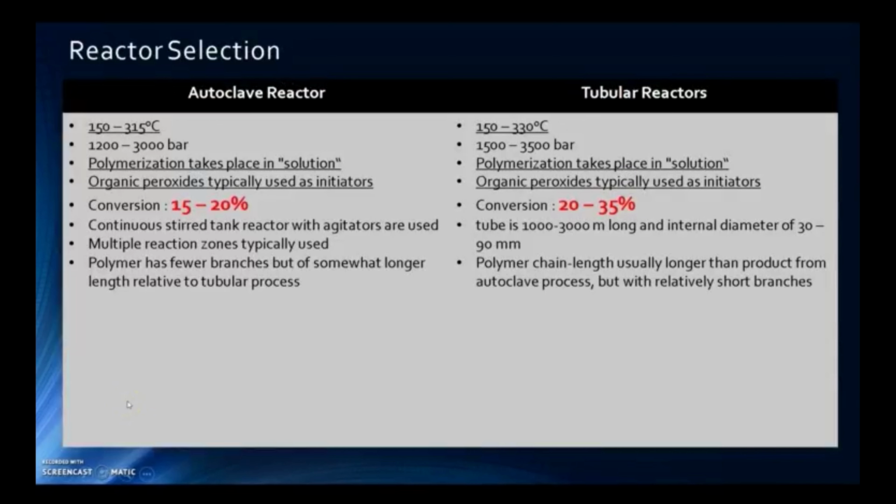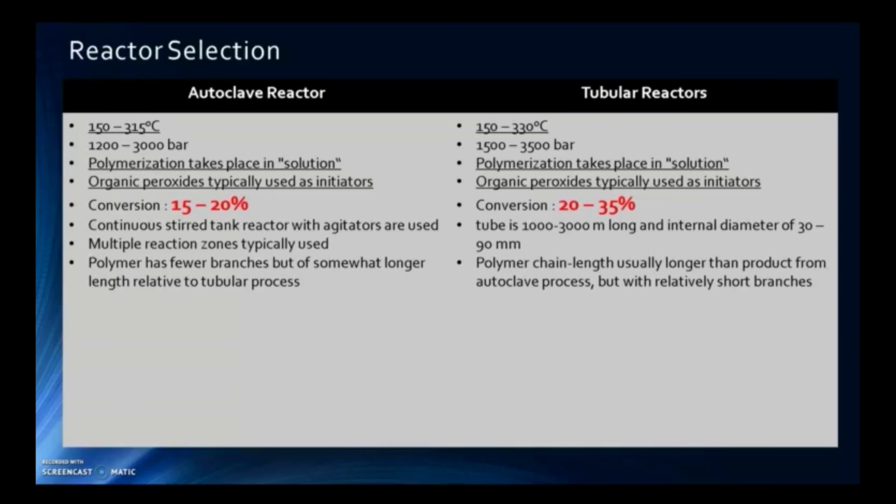In the reaction zone, there are two types of reactors that can be used, autoclave or tubular reactor. The conditions of the two reactors are quite the same in terms of temperature and pressure. Polymerization takes place in solution in both of them, and organic peroxide is typically used as the initiator. Conversion is the main difference between both of them.